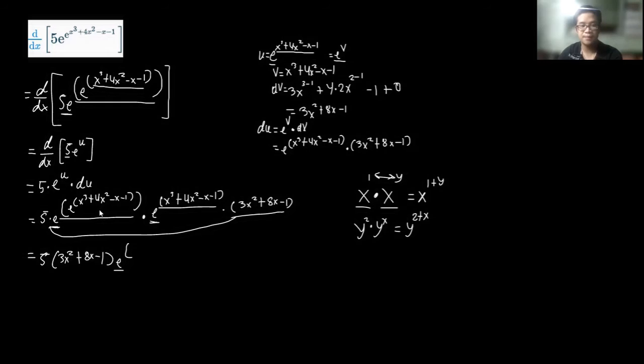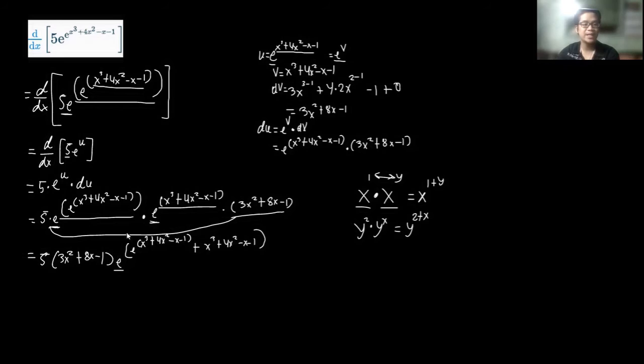By combining them, I'm going to add them. So I'll have e raised to x cubed plus 4x squared minus x minus 1 plus x cubed plus 4x squared minus x minus 1. There we go. That's my final answer.